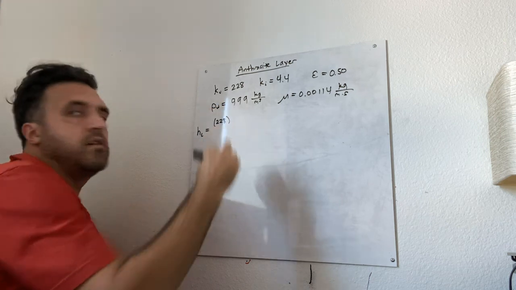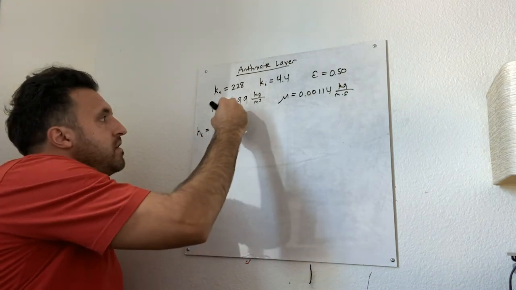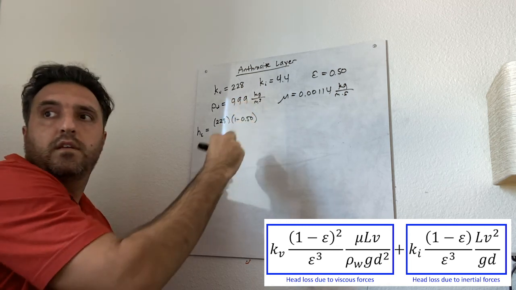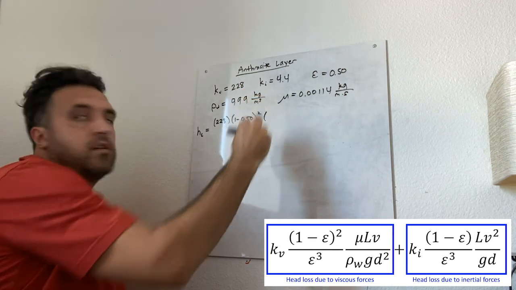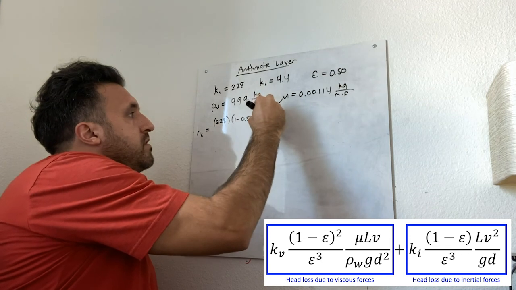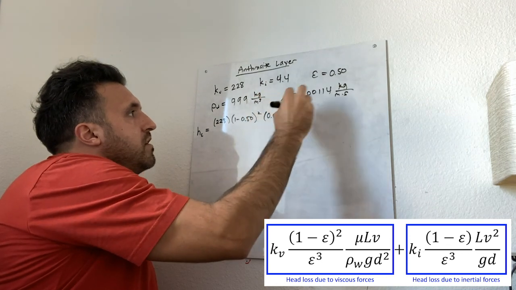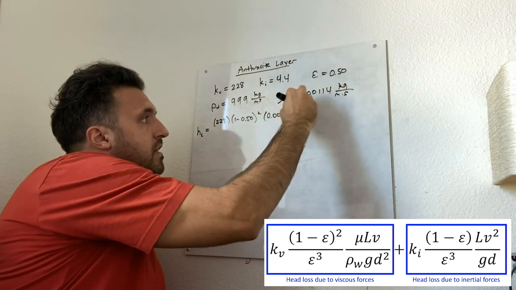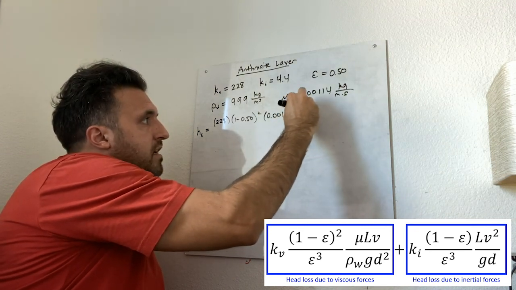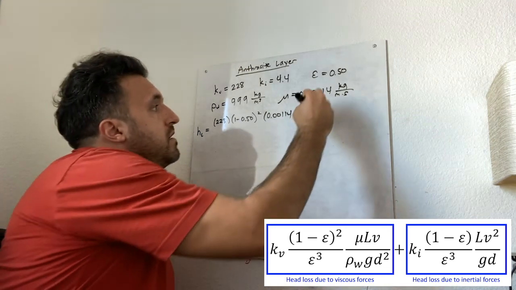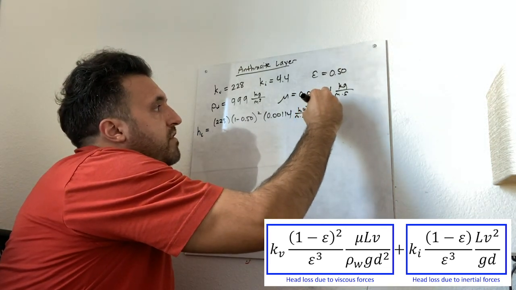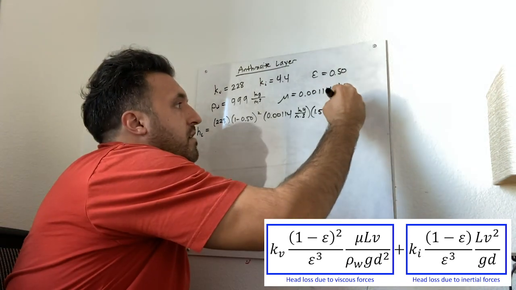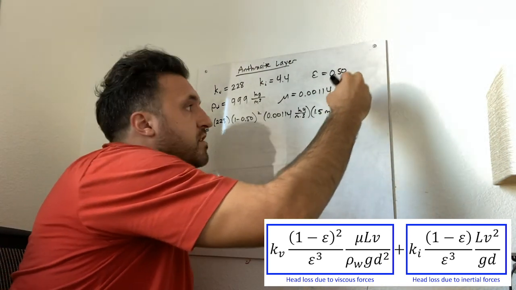228 times 1 minus 0.50, that's going to be squared, times 0.00114 kilograms per meter per second, times 1.5 meters, that's the depth, the rate 15 meters per hour.